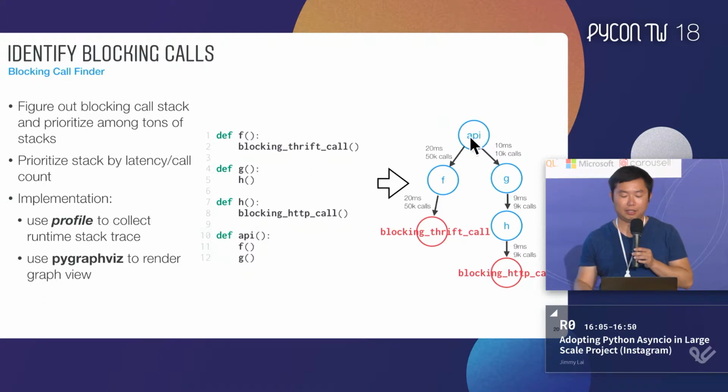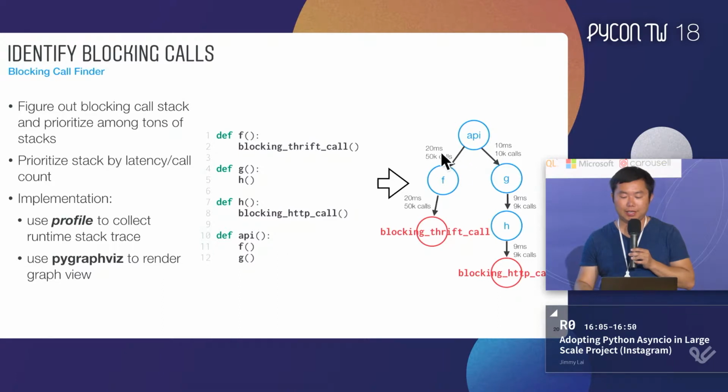Here we can clearly see that the top-level function is the API entry point, and there are 2 stacks that have blocking calls. One of them is shorter, 2 levels. It's easier to migrate. So we want to prioritize based on the easiness and also the importance.